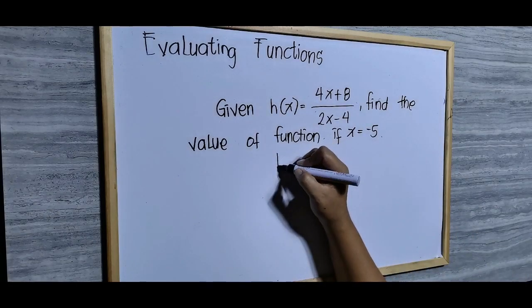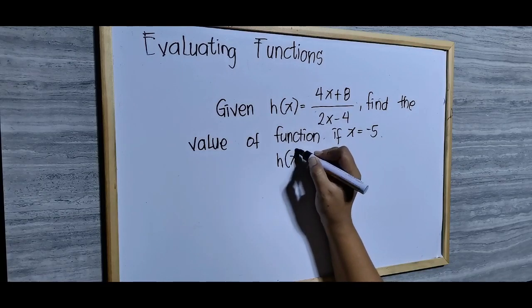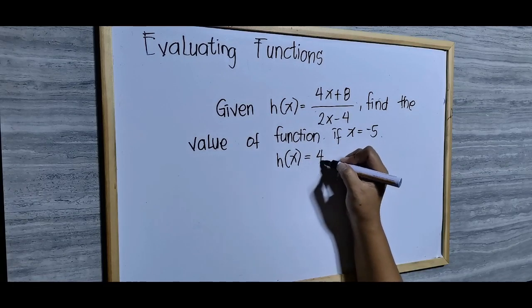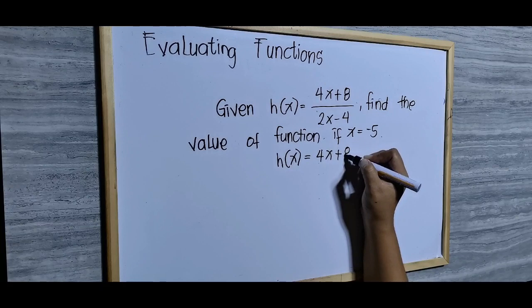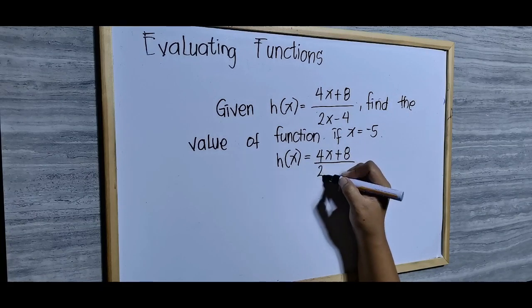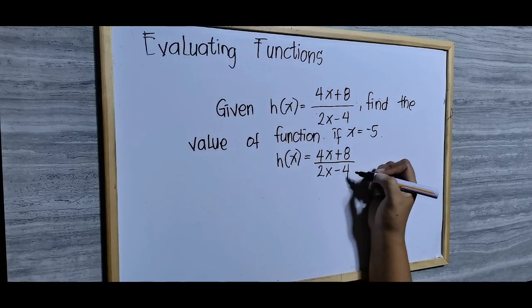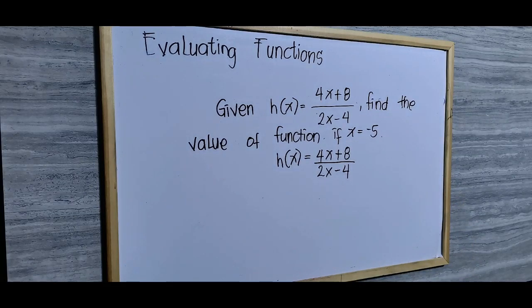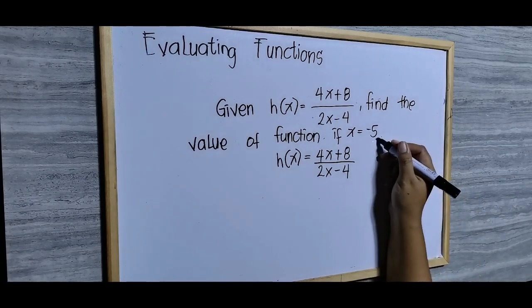First, write the function h of x is equal to 4x plus 8 all over 2x minus 4. Our first step in evaluating a function is to replace the variable with the given value, which is negative 5.